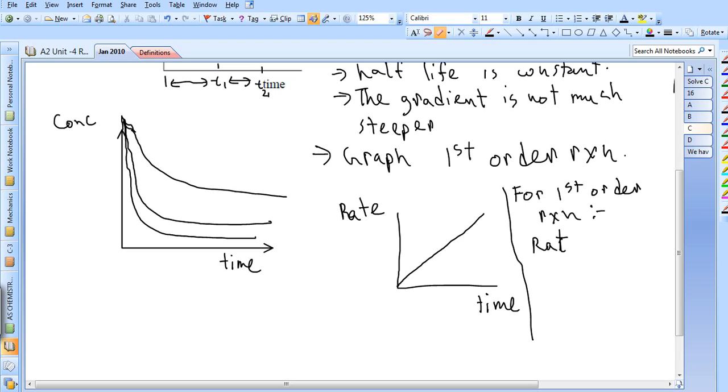Sorry, my handwriting is really bad, I'm really sorry for that, fellas. So rate is directly proportional to time. Sorry, this should be concentration. I know, I make mistakes frequently.